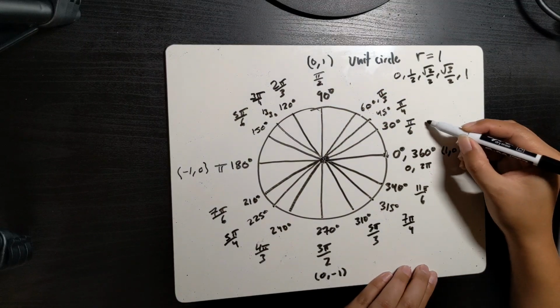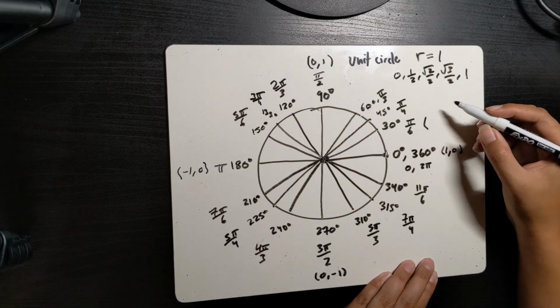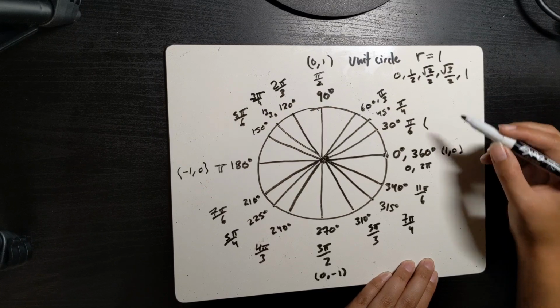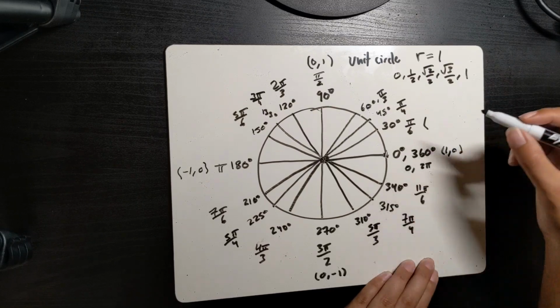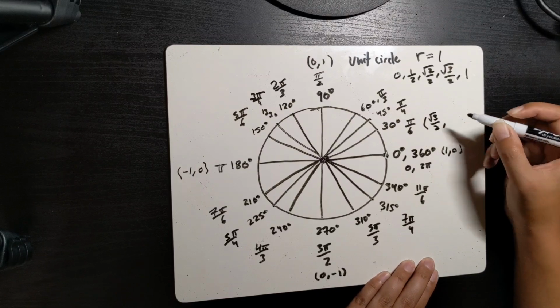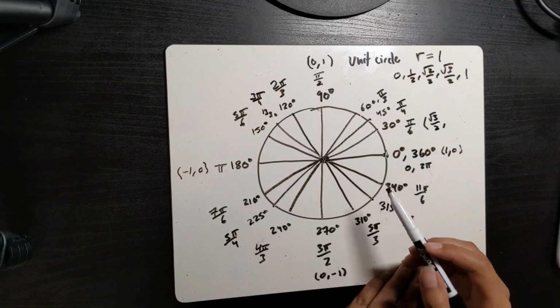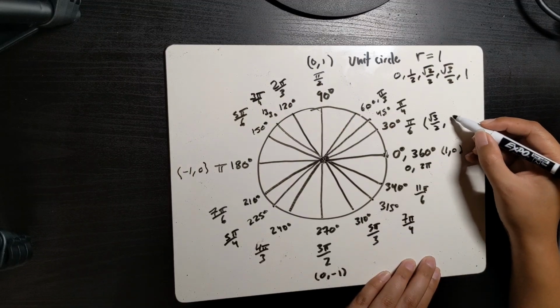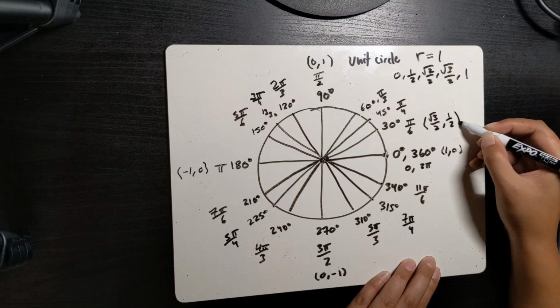So, here at 30 degrees, our x value, or our cosine 30 value, is square root 3 over 2. Meanwhile, our y value, or our sine 30 value, is equal to 1/2.